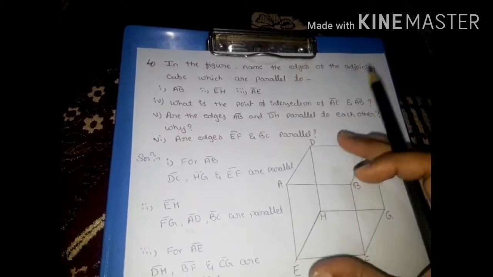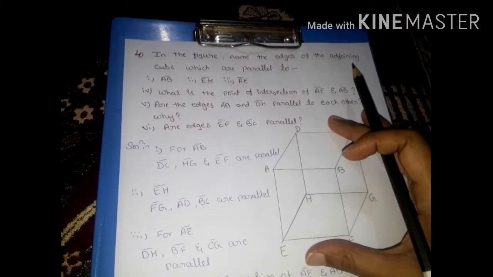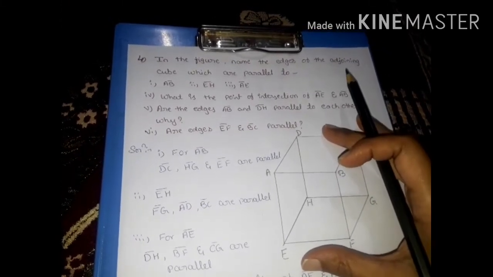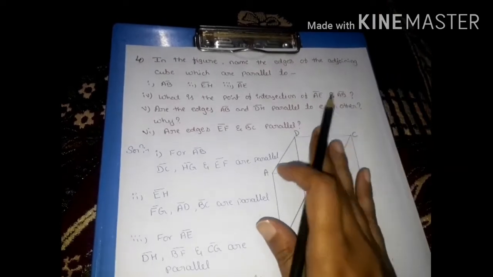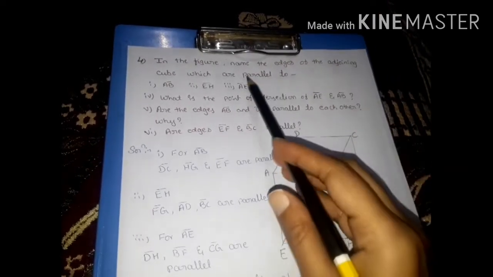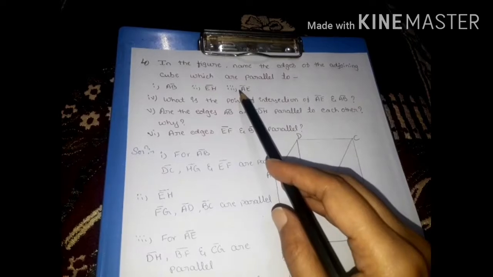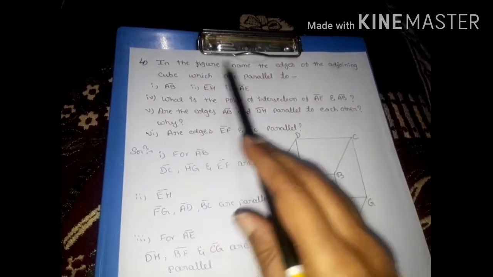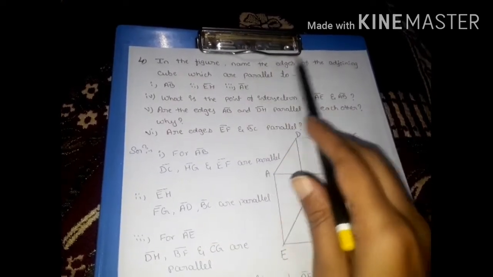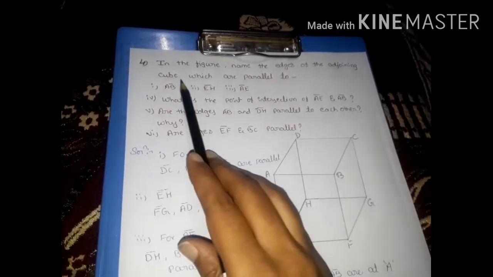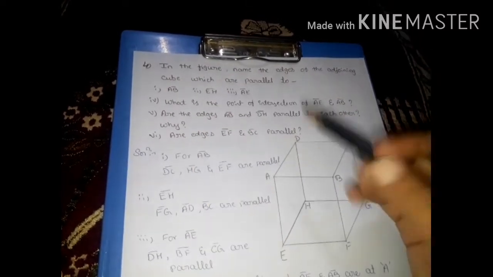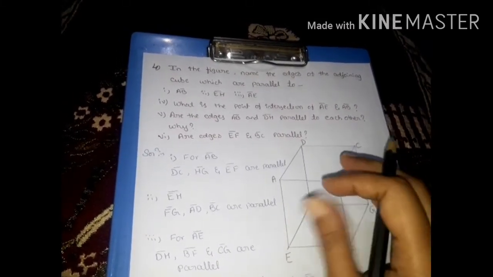Here they have given a 3-dimensional figure, that is, a cube. From the figure you have to answer all these questions. First they asked, name the edges of the adjoining cube which are parallel to AB. For a line segment AB, which lines are parallel to AB, that you have to write.